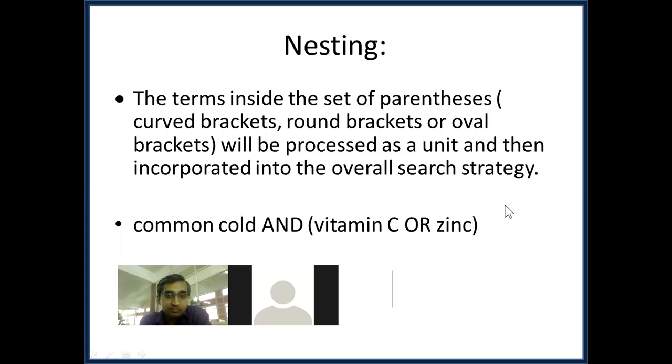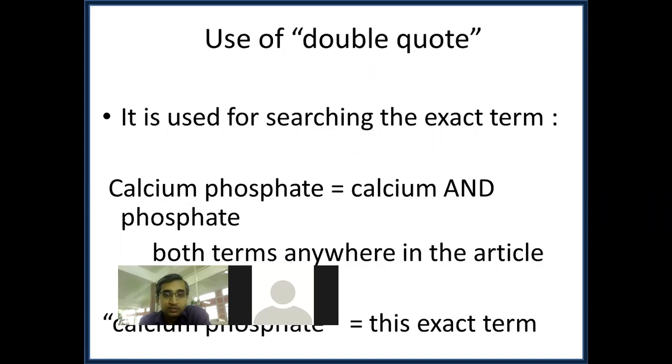So that's nesting. Another thing I wanted to tell you: if you search for a term like calcium phosphate, PubMed is going to find the word calcium and the word phosphate somewhere in the article, but not necessarily the phrase calcium phosphate in the same order. It may be calcium somewhere in the first sentence and phosphate somewhere in the last sentence. It will pick them up and give you. If you want the exact term, you could use double quotes and improve your search results.